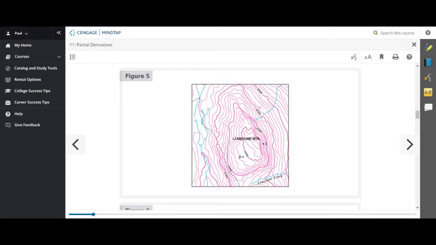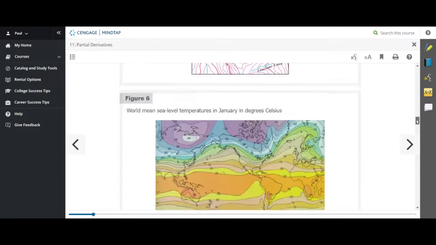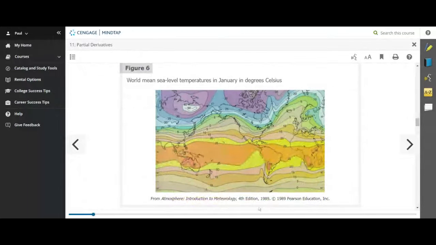This kind of idea is extended also to isothermal plots. How many have maybe seen an isothermal plot with temperatures? I don't know if anybody's seen this kind of graph. But level curves are important, and we sometimes call these level curves horizontal traces.